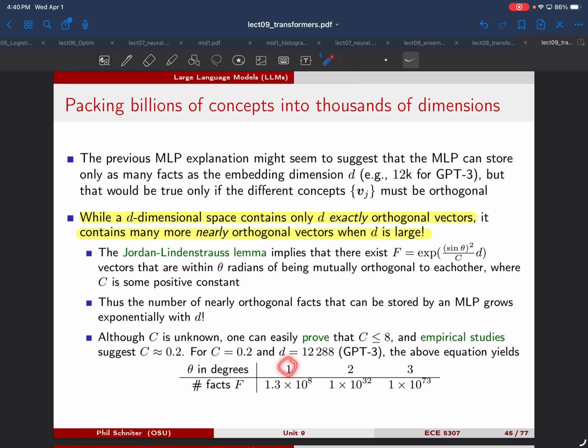So 1 degree from perfect orthogonality, 1.3 times 10 to the 8th. So what is that, like 100 billion? If you allow 2 degrees, now you can go up to 10 to the 32. If you allow 3 degrees, now you can go up to 10 to the 73rd. So massive numbers. And so this basically says that these MLPs, if you don't insist on the facts being completely orthogonal but related to each other, you can have an enormous number of facts stored, which is pretty cool.